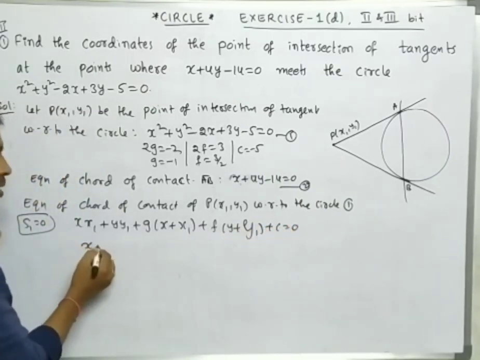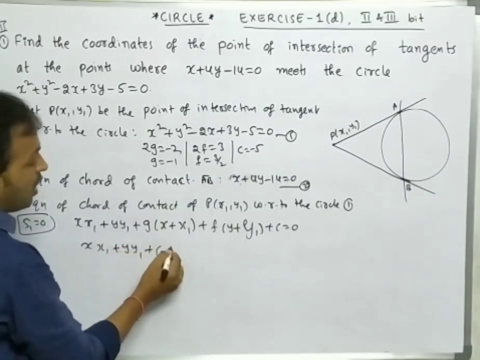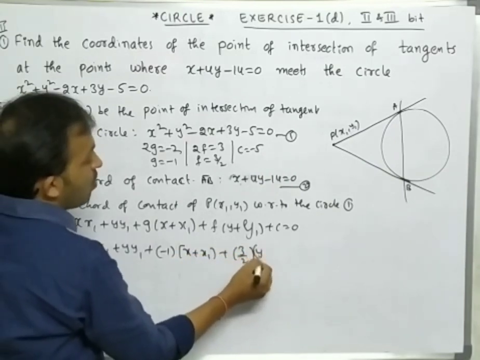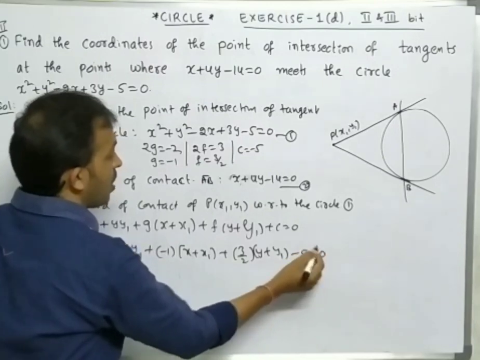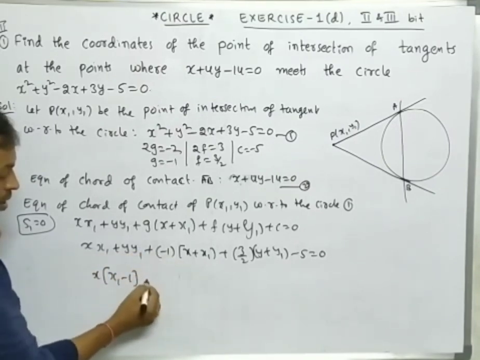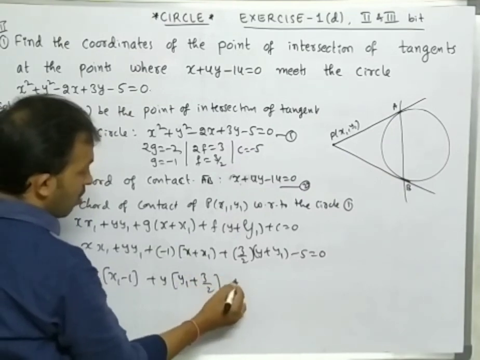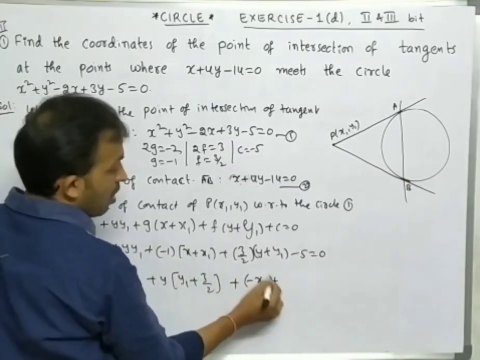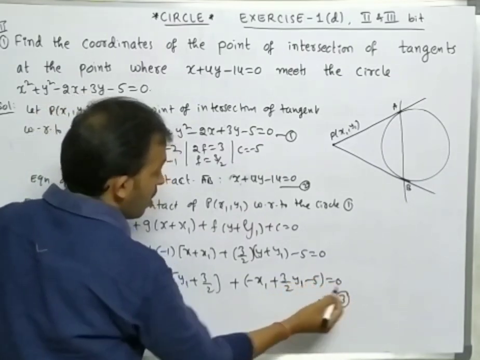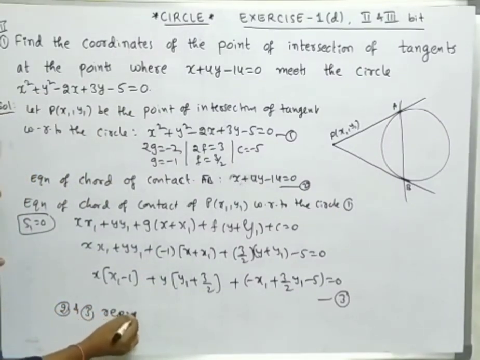So x into x1, y into y1, g is minus 1 into (x plus x1), f value is 3 by 2 into (y plus y1), c value minus 5 is equal to 0. As x is common here, x1 minus 1 is remaining, y is common from these two, then y1 plus 3 by 2 remaining. So then minus 1 into x1 minus x1, 3 by 2 into 1, 3 by 2 y1, minus 5 is equal to 0. Equation number 3. So 2 and 3 represent the same line.